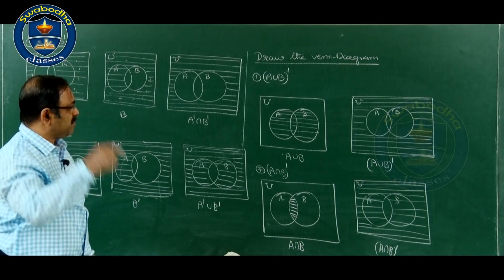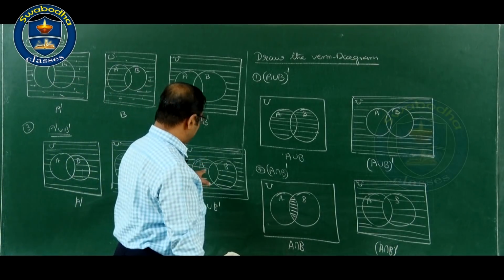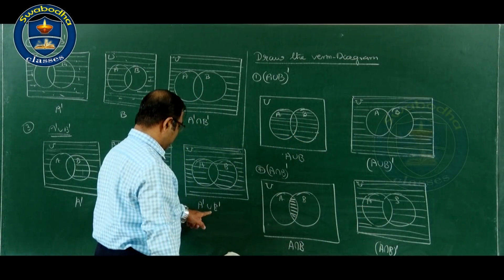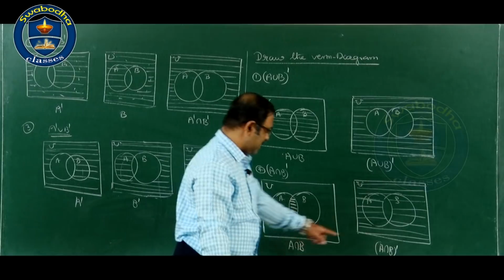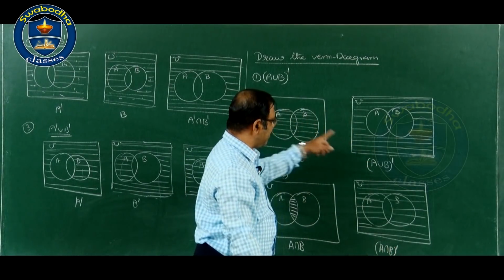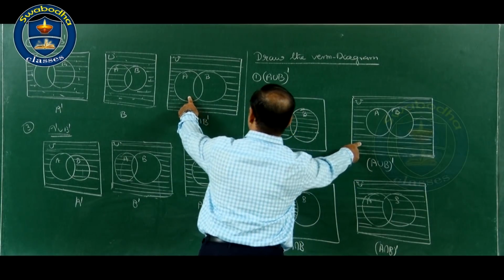Now from this Venn diagram you can clearly understand that these two are equal, isn't it? A complement union B complement is the same as A intersection B complement. Similarly from this same Venn diagram, A union B complement and these are equal, correct?